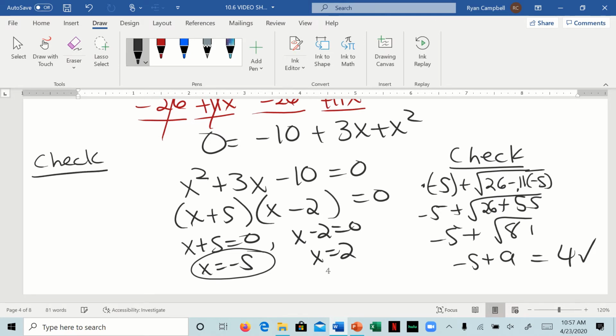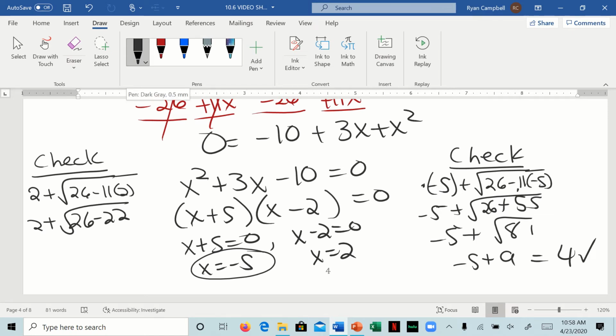Now let's check 2. So 2 plus the square root of 26 minus 11 times 2. So negative 11 times 2 is negative 22. 26 minus 22 is 4. Square root of 4 is 2. 2 plus 2 is 4. All right.